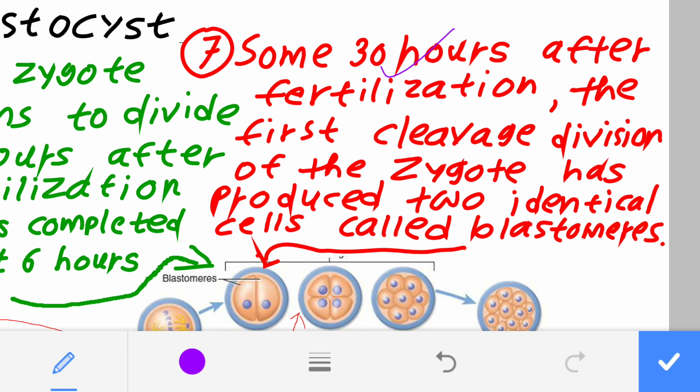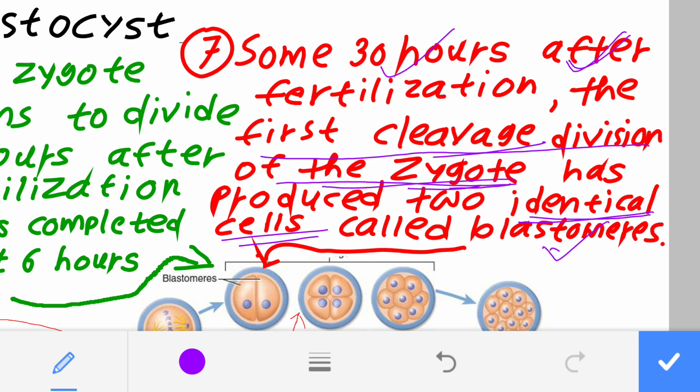About 30 hours after the fertilization, the first cleavage division of the zygote has completed, and the first cleavage division produces two identical cells, and these smaller size cells are known as blastomeres.